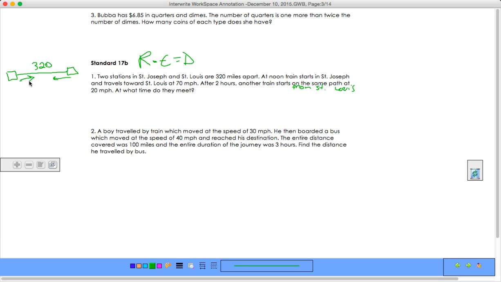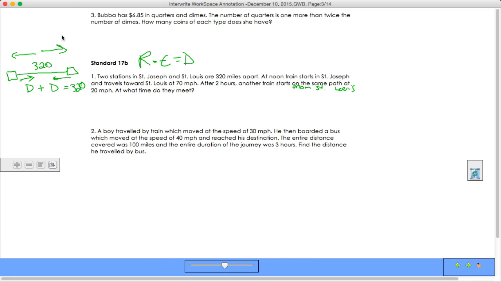And if we're looking at something like this, where we have a total distance, the distance of the first train plus the distance of the second train is going to equal the total. So you have to decide if you're adding the 2 distances, like this problem, where we want to see when those 2 distances will add up to 320, or a lot of times we have them going in opposite directions. It could look like this also, and add up to 320.